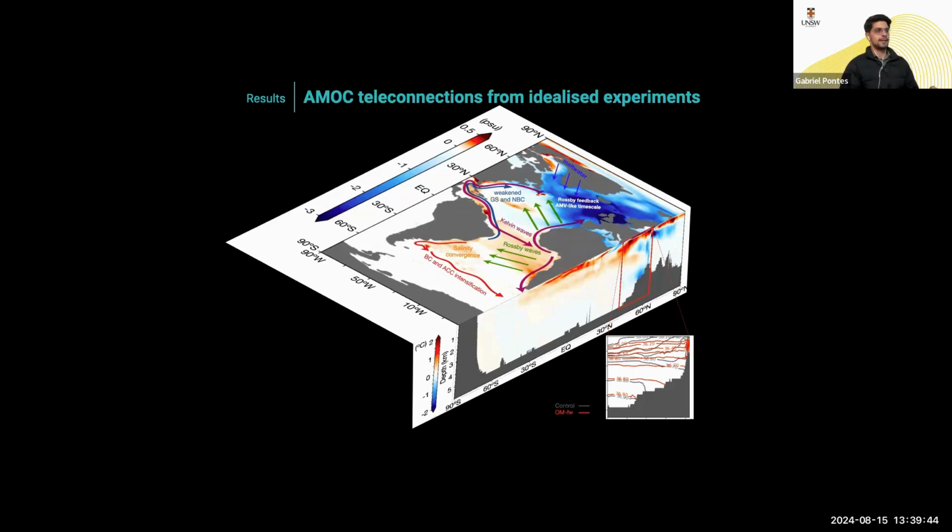This was the result that we got from those idealized experiments, and we could come up with a mechanism of how heat and salt are conveyed into the South Atlantic and eventually into the Southern Ocean. When we add meltwater into the model, this meltwater displaces the isopycnals in the North Atlantic, and that is what causes the weakening of the AMOC.